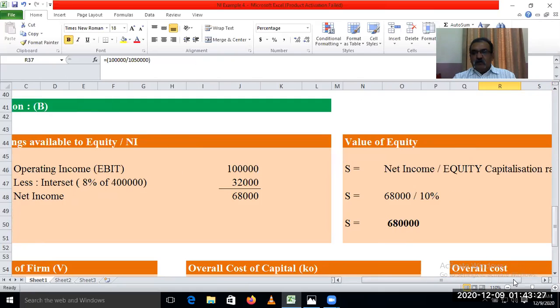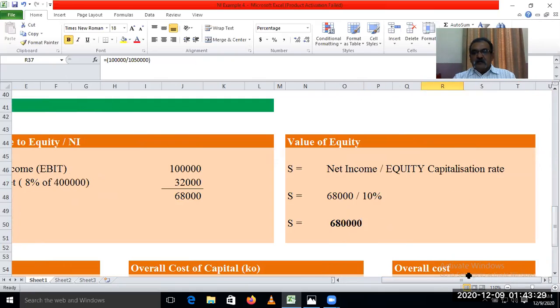Now value of equity is equal to net income divided by equity capitalization rate. Net income is 68,000, which we have just calculated, divided by equity capitalization rate, the same 10%. 68,000 divided by 10%, value of equity is equal to 6,80,000.